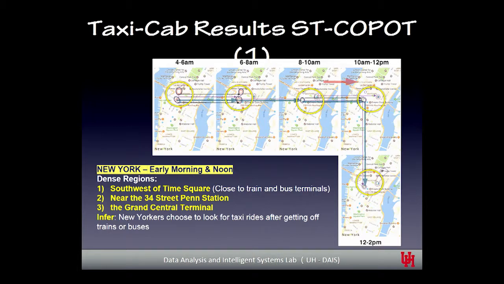This is some interesting result I found. Early in the morning, there are 3 regions, as you see. One is southwest of Times Square. The other one is near the 34th Street Penn Station. And there's one over here, the Grand Central Terminal.